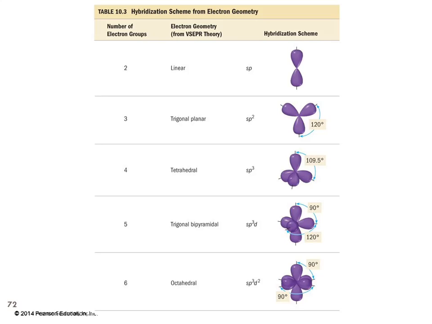So just like we learned on Tuesday, we can look at the number of electron groups and the geometry that is predicted from VSEPR theory. And we're going to use a hybridization scheme that gives us this many orbitals.